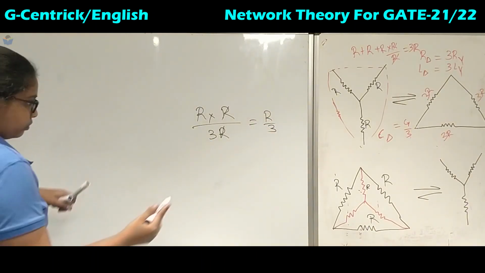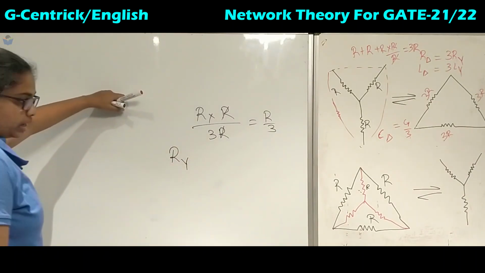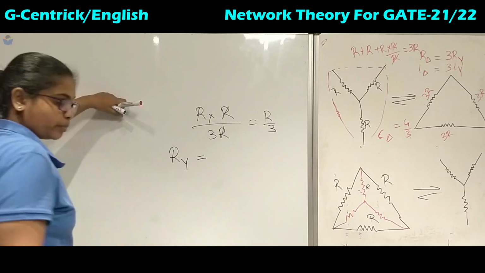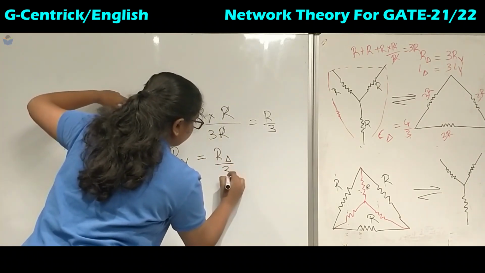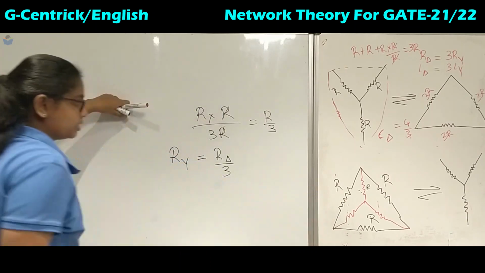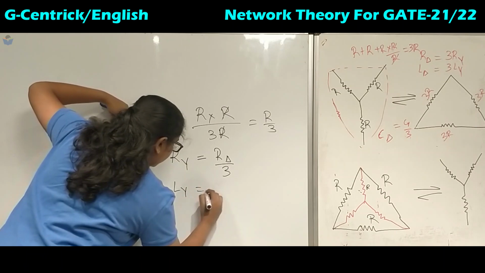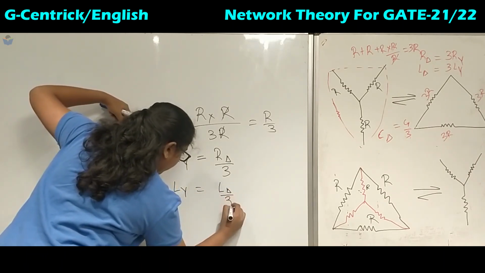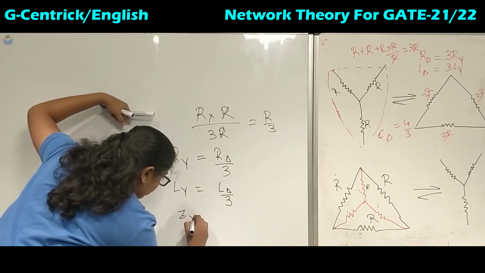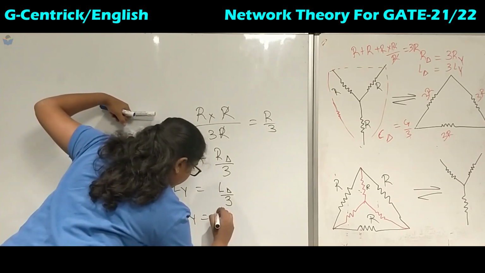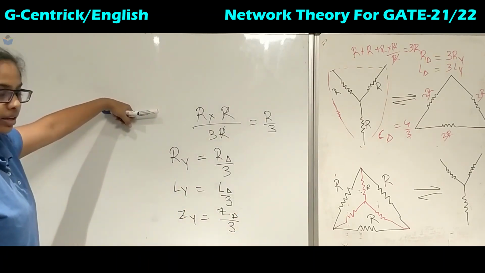So when you are converting delta to star, and if the values of the elements are same, then you will get 1/3 of the resistor value. Similarly for the inductor, it is the same. Here also for the impedance, it is the same, that is 1/3 of the delta value.